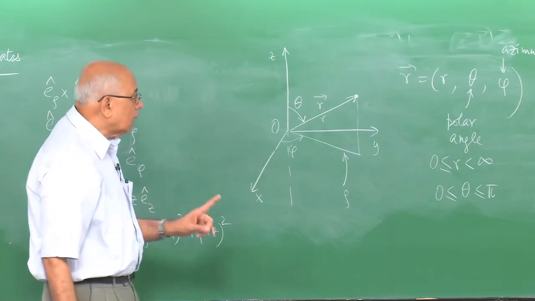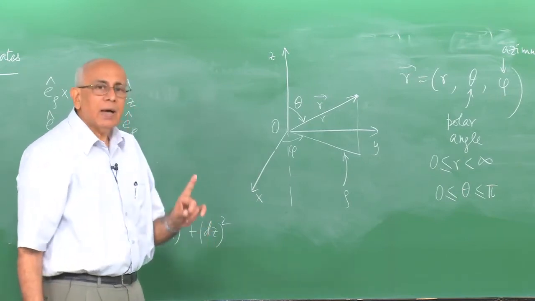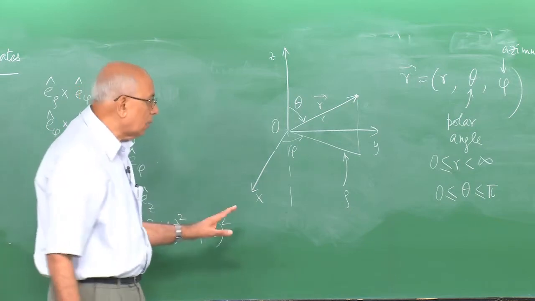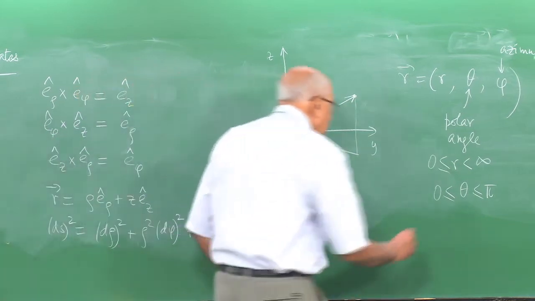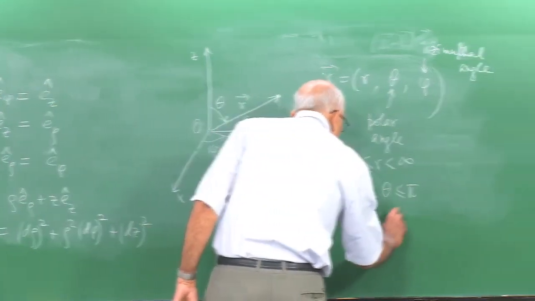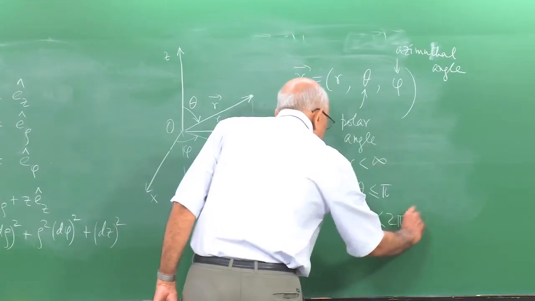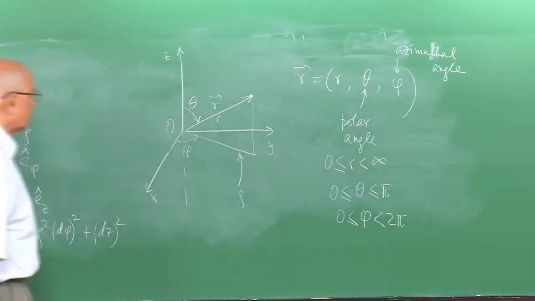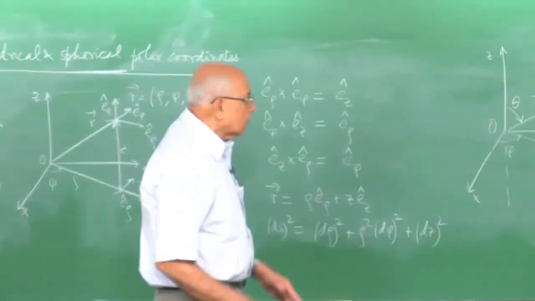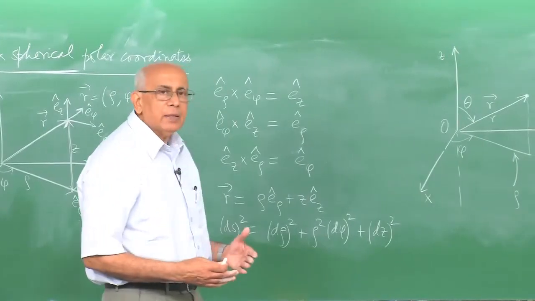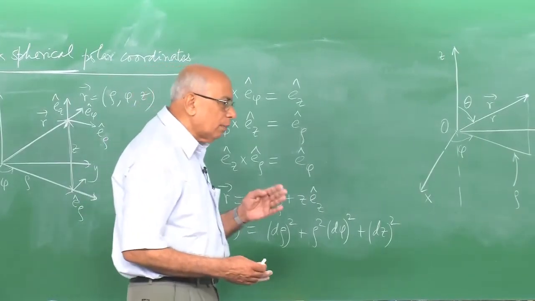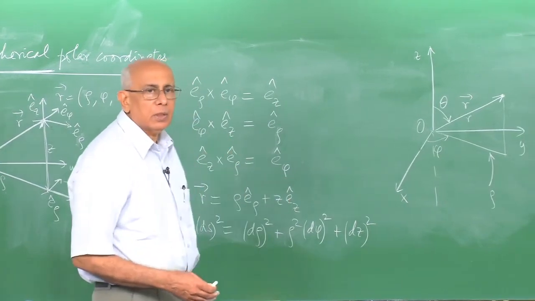Now it's interesting to ask what constant values of various coordinates mean, and I'll come to that in a minute. Phi, as usual, has this range here. Okay. Now it's convenient to picture these things in terms of what it means when one of these coordinates is constant.